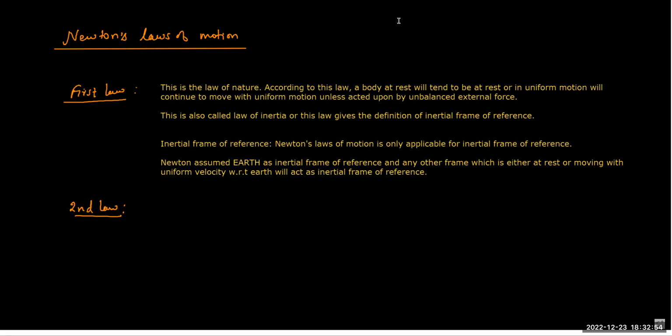Mass. Very good. So mass measures the inertia of bodies at rest, but momentum measures the inertia of bodies which are in motion already.